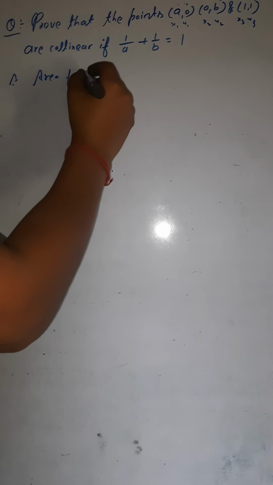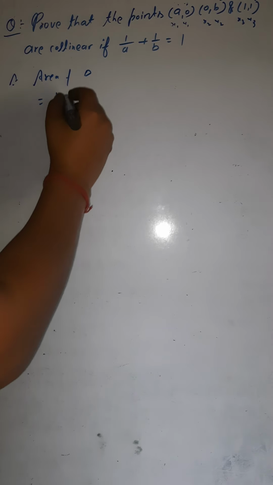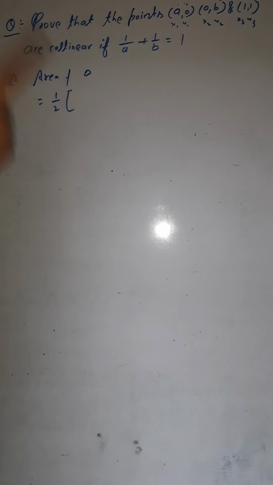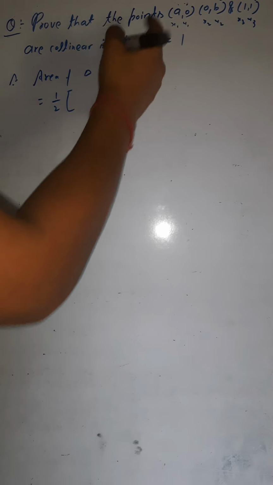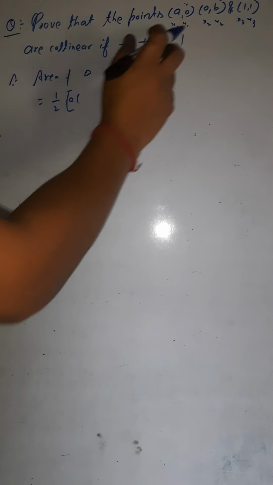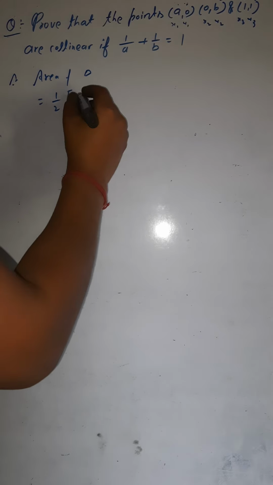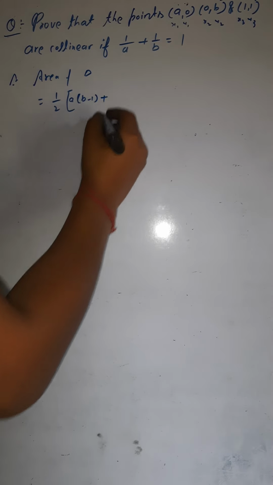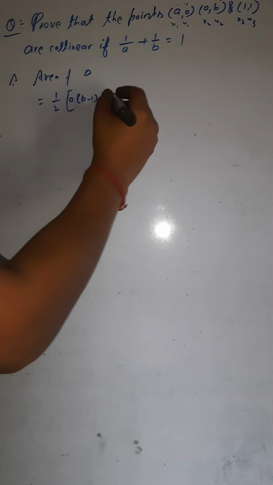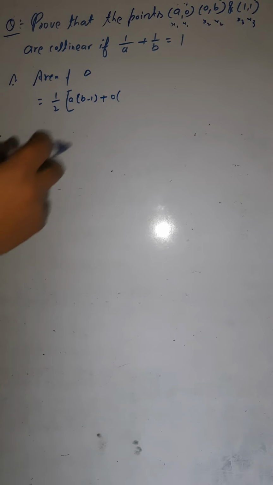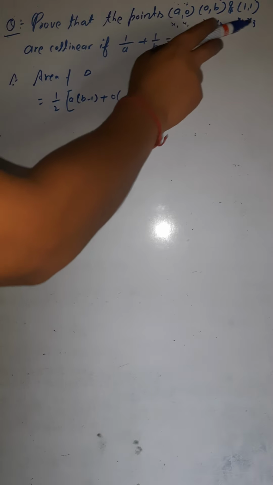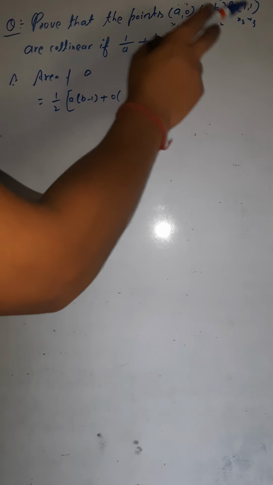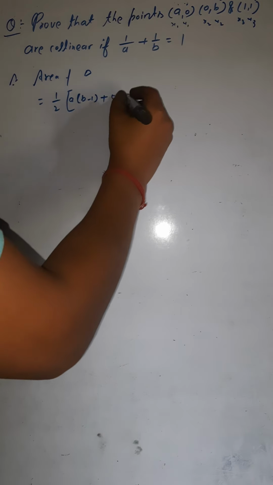Area of the triangle is equal to how much? 1/2 into x1 inside the bracket (y2 minus y3). So x1 is a, y2 minus y3 means b minus 1, plus x2. x2 is 0, inside the bracket (y3 minus y1), which means 1 minus 0.